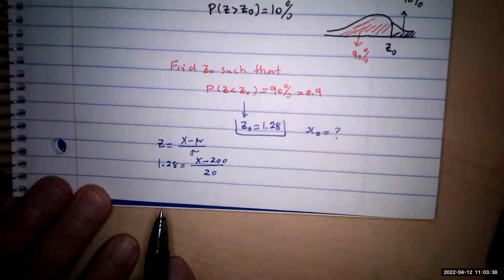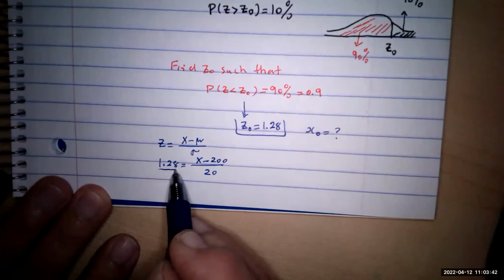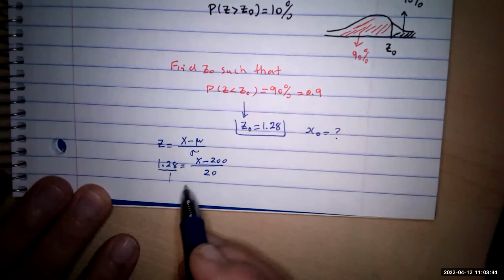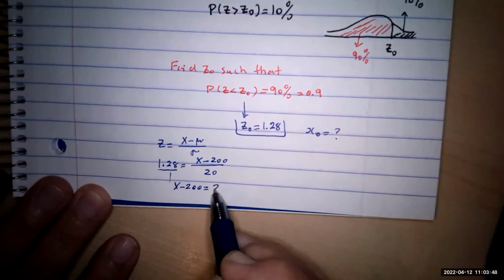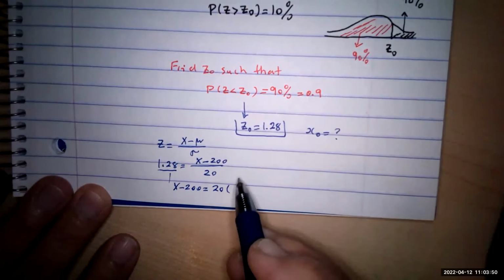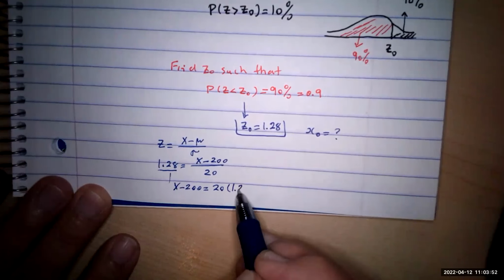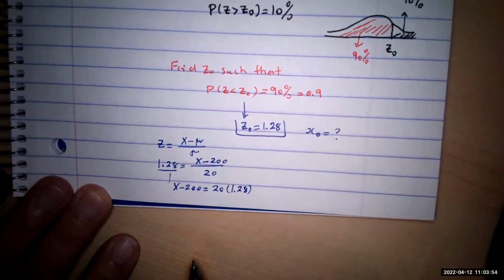A little bit of algebra, cross multiply. You see, think about this one as 1.28 over 1. If you cross multiply, that gives X minus 200 is equal to 20 times 1.28. So you multiply, then you add the 200.